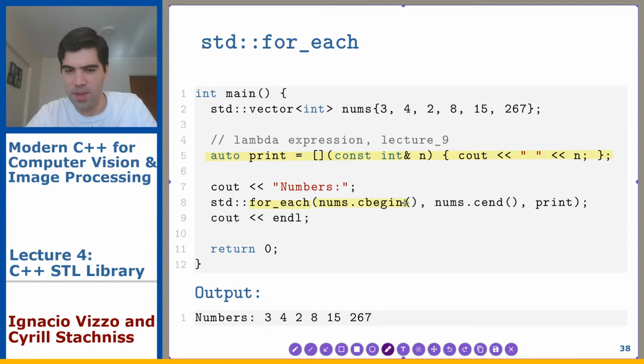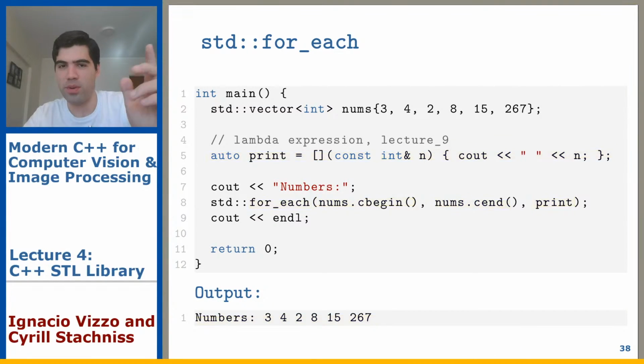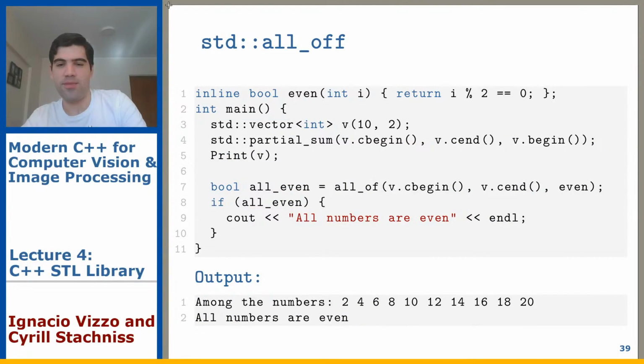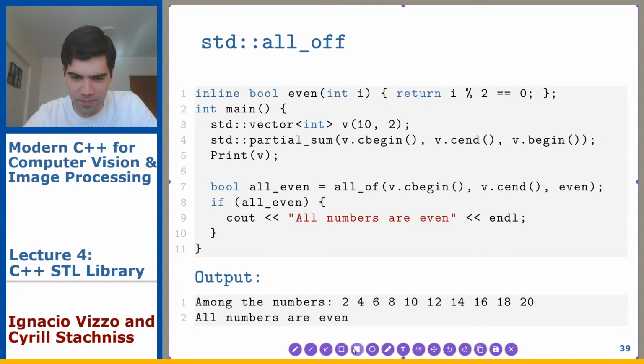Again, we provide the beginning of the container, the end of the iterator, and what we want to do. This is also called the predicate. So this is the function we want to apply over all these elements. And then you will get the output, all the elements in the array, without writing any for loop. Super fast.